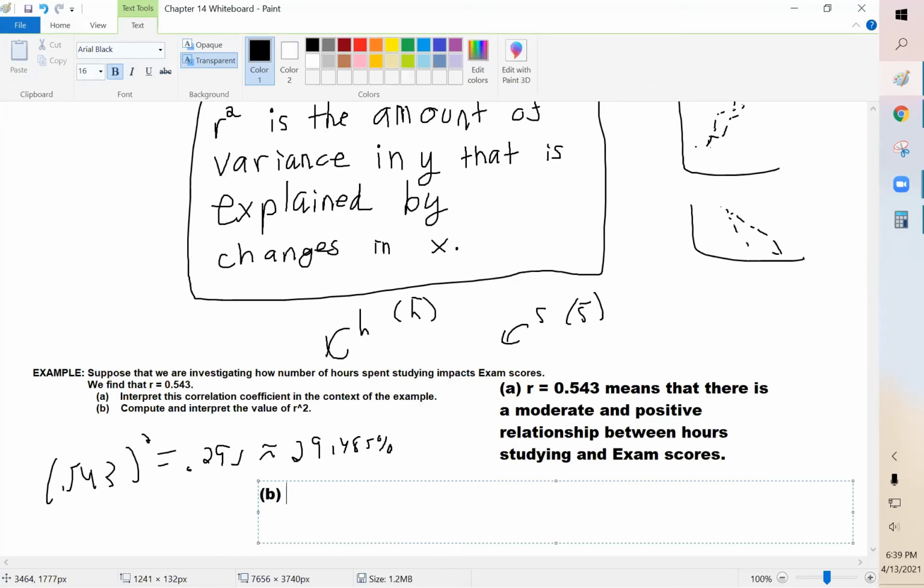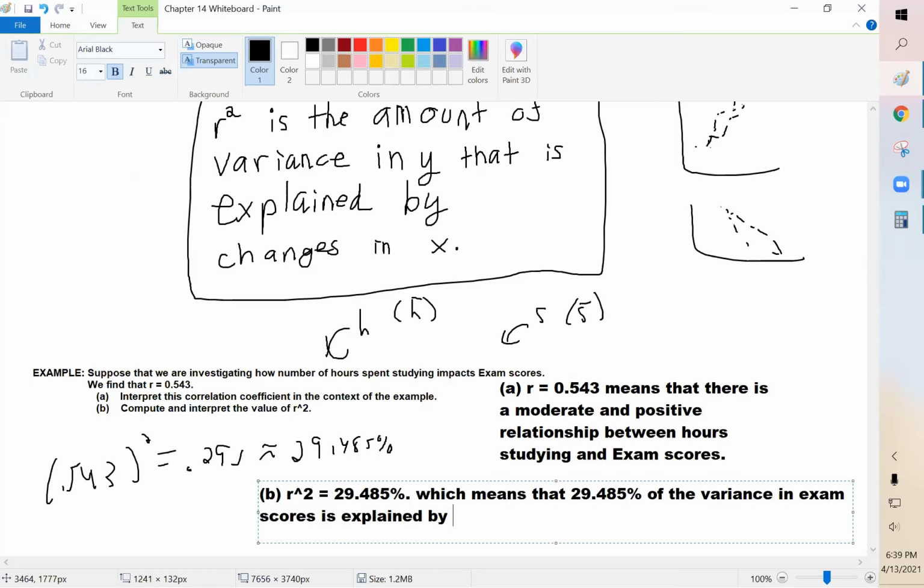So for B, we have R squared is equal to that. So 29.485%, which means that 29.485% of the variance in exam scores is explained by changes in number of hours spent studying.